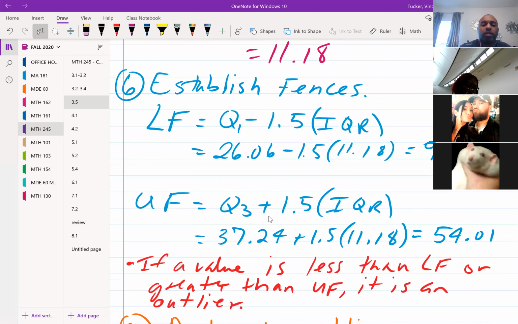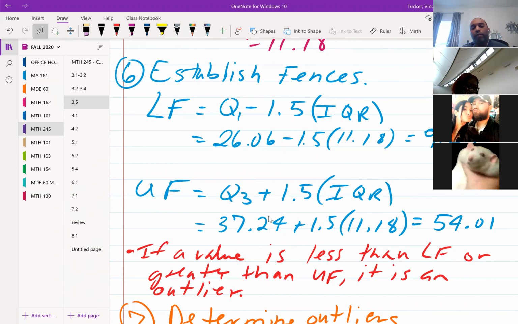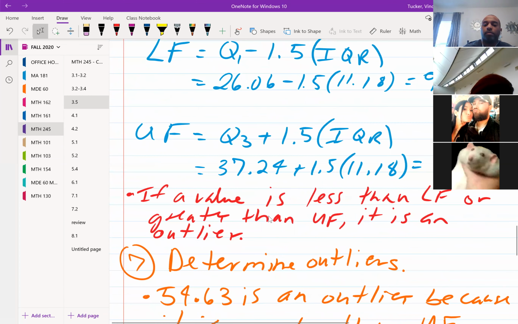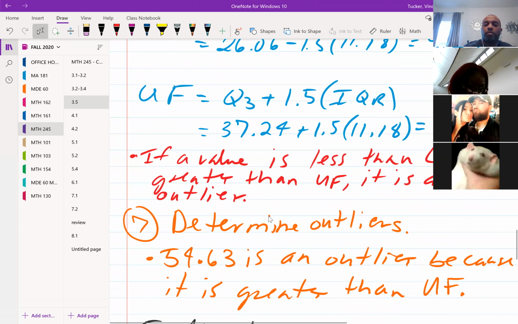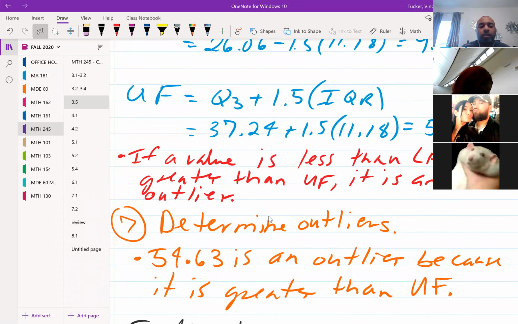So the reason we need this, just establishing why we need our fences: if a value is less than the lower fence or greater than the upper fence, it is an outlier. Then for that last step, you determine your outliers, see if you have any compared to your fences.